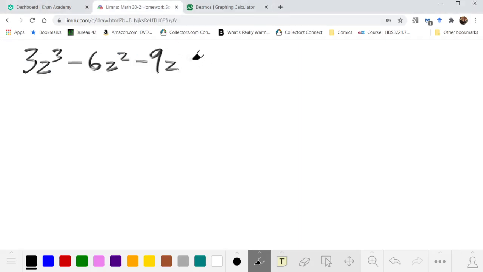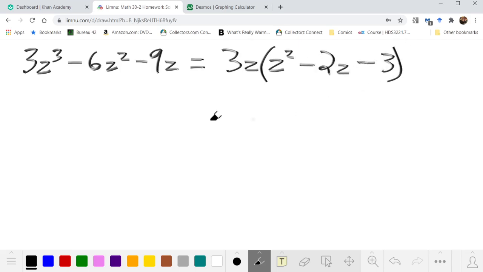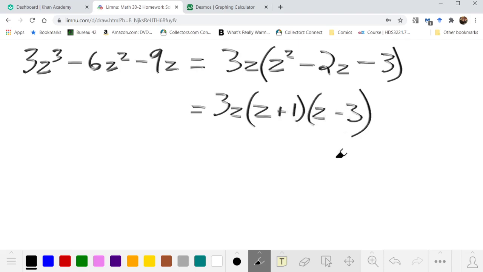So after transcribing it exactly as is, we note that there's a common factor of 3z, leaving us with z squared minus 2z minus 3, which can be factored one step further as z plus 1 times z minus 3. So this is the fully factored form of the expression on the left.